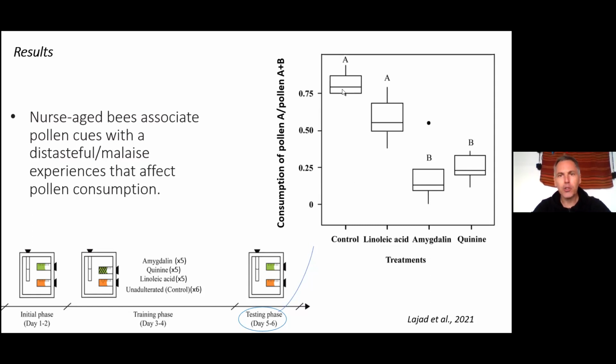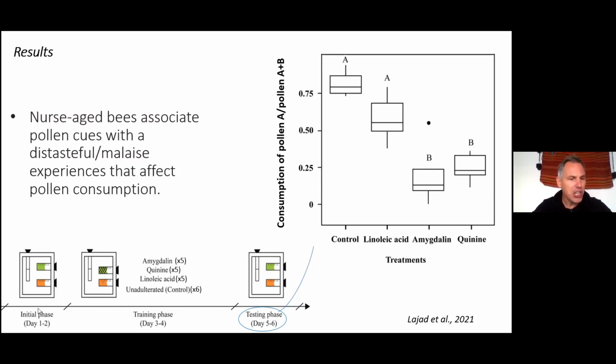You might notice that controls prefer pollen A over pollen B, but this preference was not significantly modified when we added linoleic acid to pollen A. But consumption of pollen A was reduced. There were significant differences when we used amygdalin or quinine to adulterate the pollen.